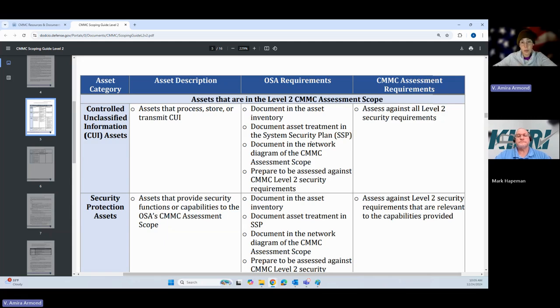Okay. And if you go way too easy on yourself, the assessor is going to say, no, I think that we need to verify this requirement on this type of system too, even though you didn't. And that can get you by surprise. But if you do a good job where you're being reasonable, normally the assessor will say, yeah, that looks good. I agree that we're only going to assess printers against this limited set of requirements, but we're going to assess your Windows computers against a big set of requirements, for example.